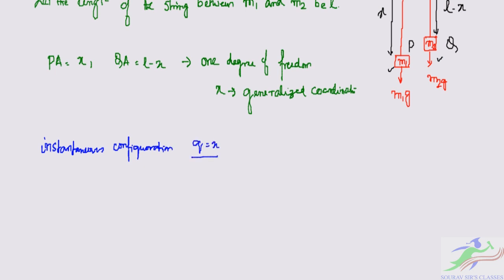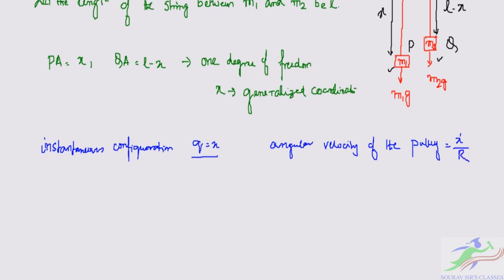Assuming that the cord doesn't slip, the angular velocity of the pulley is x dot by r, where r is the radius of the pulley.